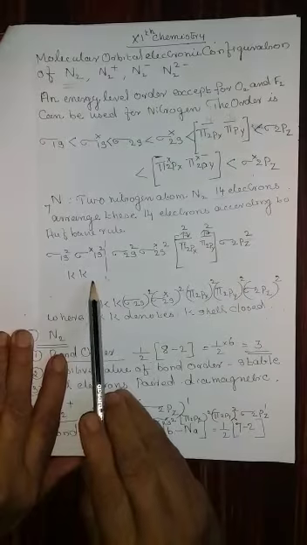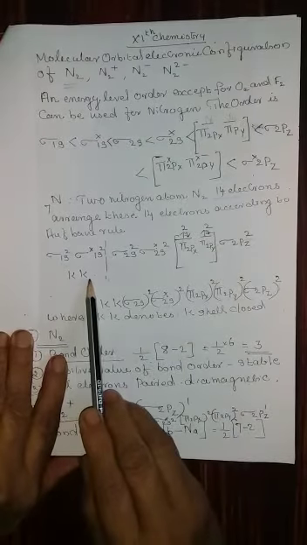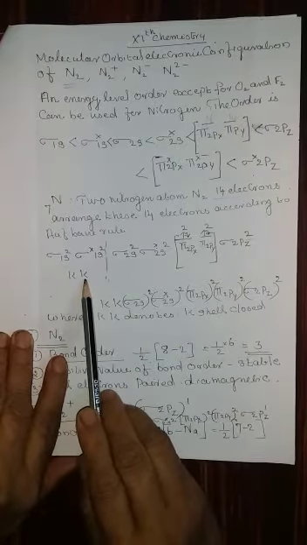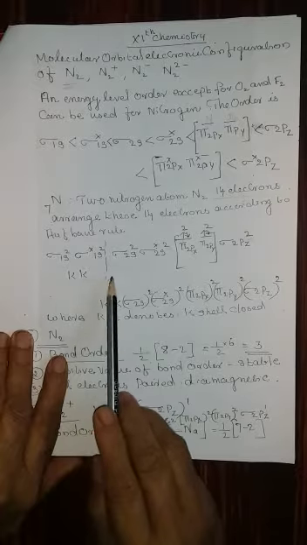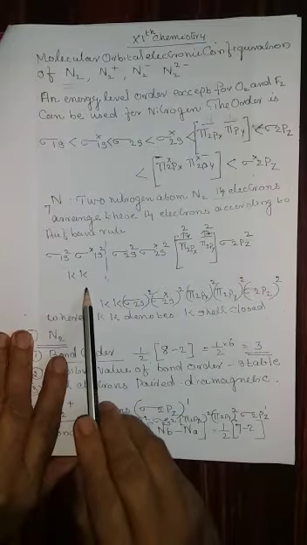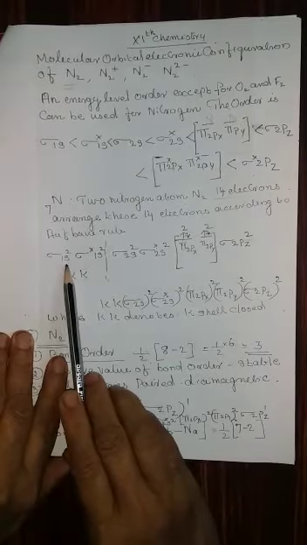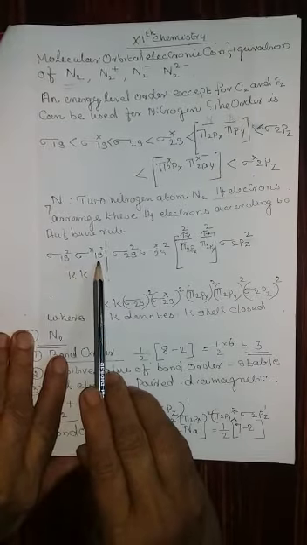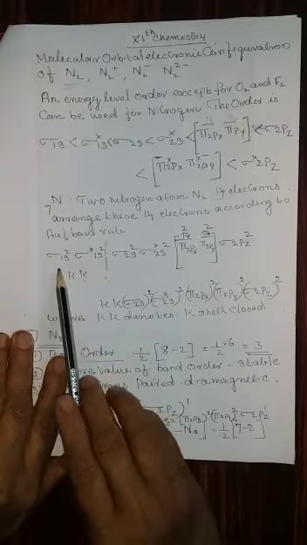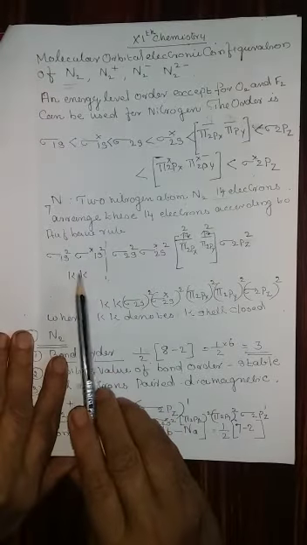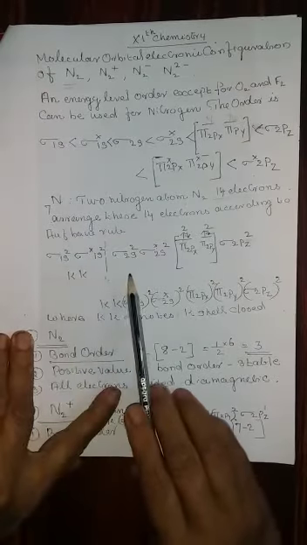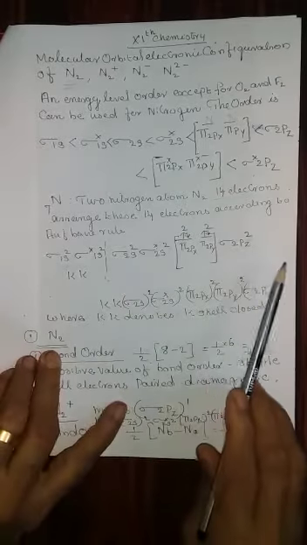We already studied the rule that KK means the K shell is closed. You can use that notation in the result. You don't have to write sigma 1s2, sigma star 1s2, because the first shell, the K shell, does not take part in any overlapping.